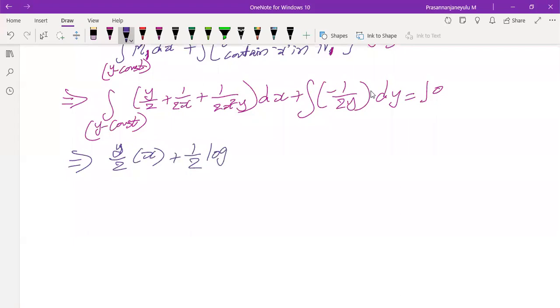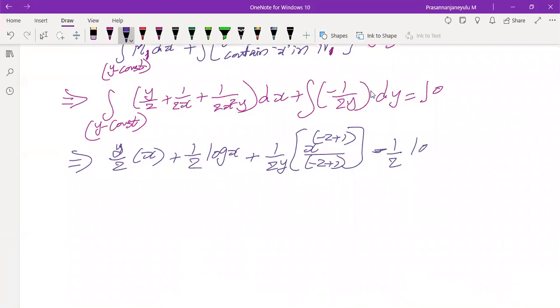Log x. Plus 1/2y is constant. What is the integration of x⁻² into dx? x to the power minus 2 plus 1 over minus 2 plus 1. Already I gave you the list of formulas, so you must practice it. Minus 1/2 into integration of 1/y into dy is log y. So we completed the integration, and I am using C on the right-hand side.